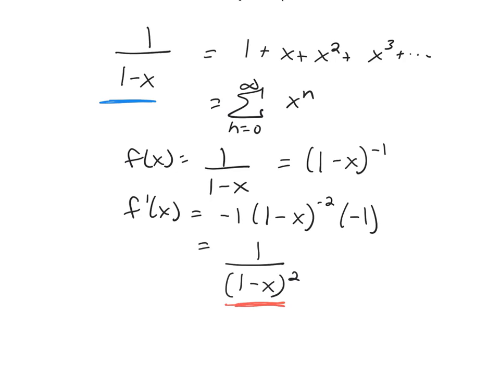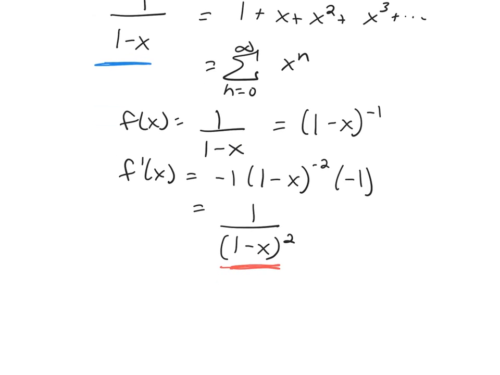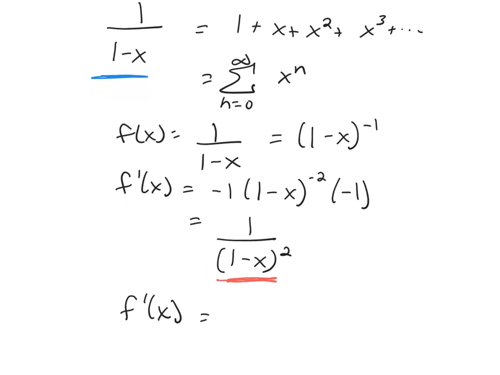I go back to this power series of f of x up here, and I just take derivatives of all these polynomials. That'll be the power series for f prime of x. So the derivative of 1 is 0.